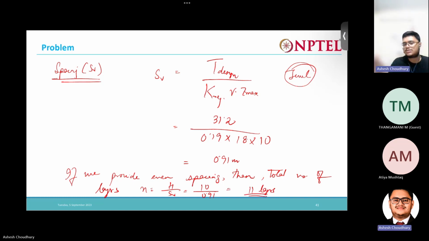Okay, so 11 layers we can provide maximum at an even spacing of 0.91 meters.